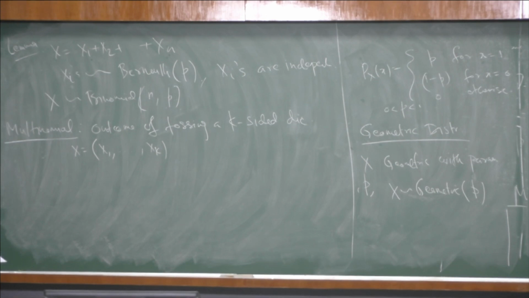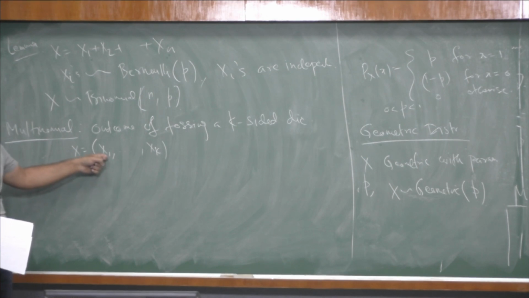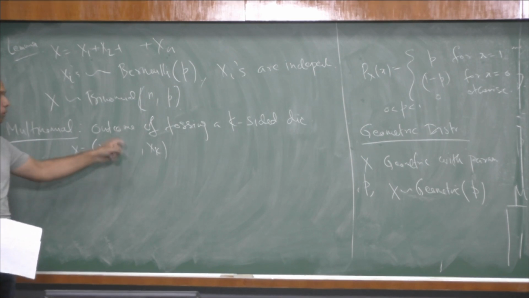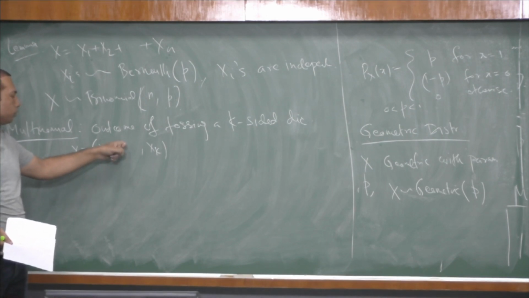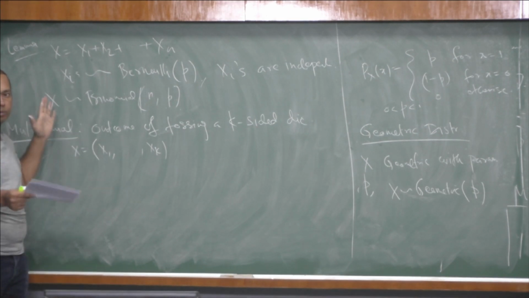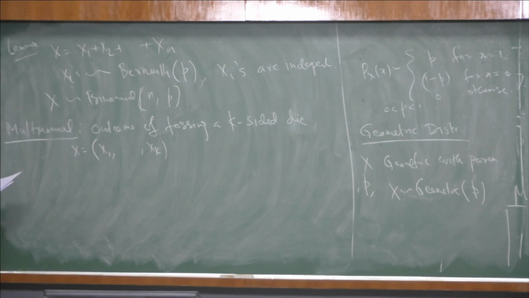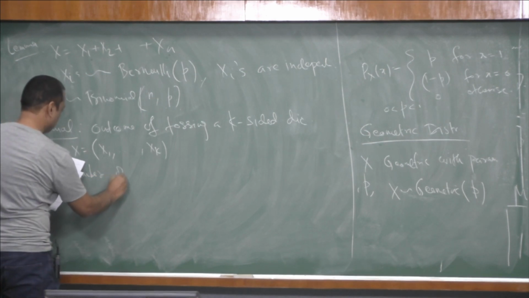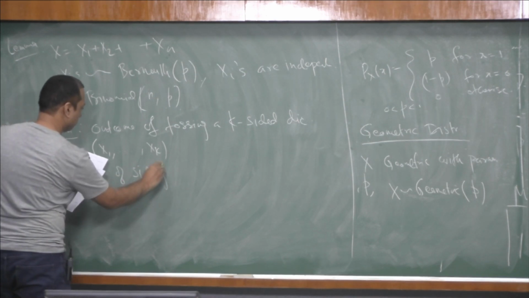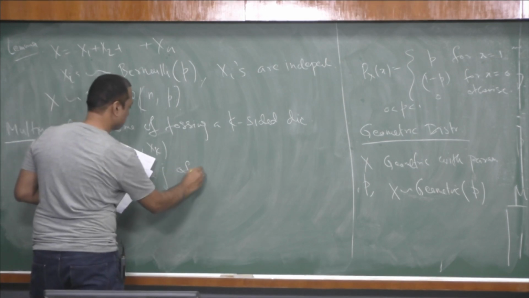So we can use some kind of one-hot encoding. Am I observing the first one? Am I observing the jth one? So it will be a one-hot vector, which means a vector where you have 1 at one place and 0 everywhere else. Here Xj is the number of times side j of the die occurs.